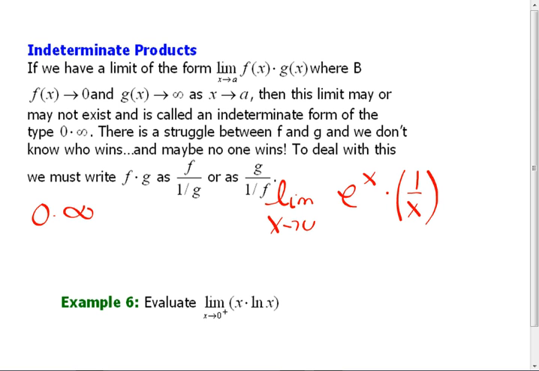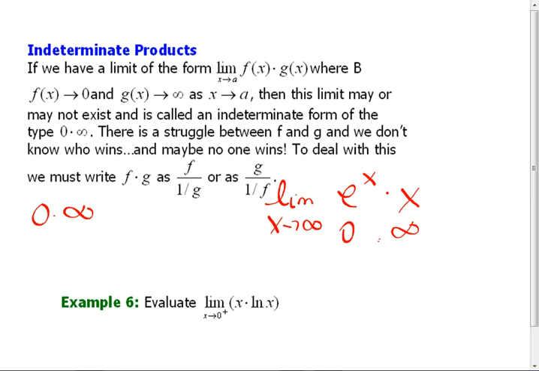Okay. What about that? What's the limit of e to the x as x goes to infinity? As x goes to infinity, what's 1 over x? Sorry, I had to think. Just a minute. That's what? Infinity.